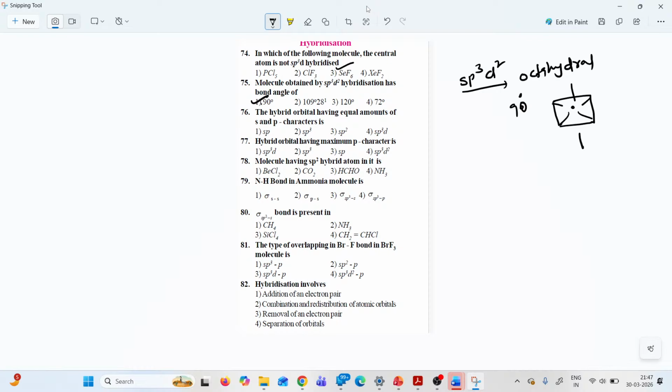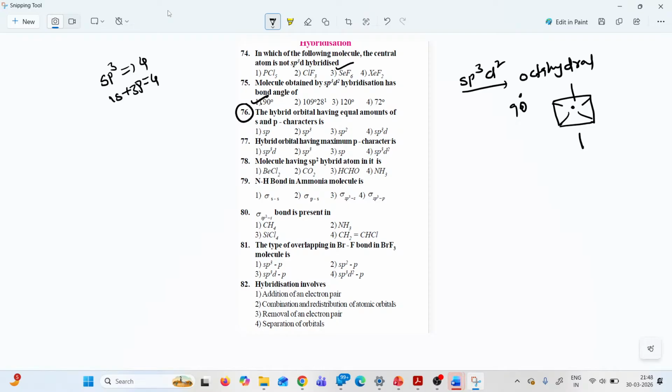The hybrid orbital having equal amount of s and p character. How to solve this type of question, let me explain. First, how can we decide s and p character? For example, if a compound undergoes sp3 hybridization, then how many orbitals are there? 4: 1 s orbital and 3 p orbitals.